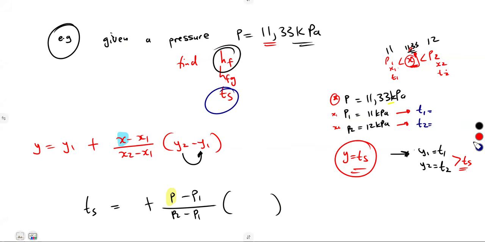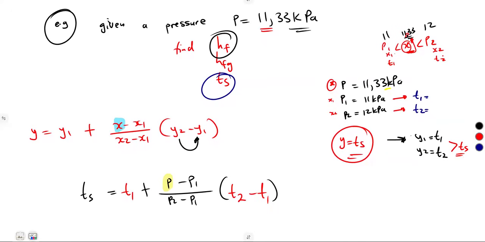So our formula is going to be adjusted. Instead of using h, Y1 is T1 and Y2 is T2 minus T1. So this will be your formula now. Understanding this, we are done. You can use it for any value. If it was volume, whether it's Vg here, this was going to be V1, and this was going to be V2 minus V1.